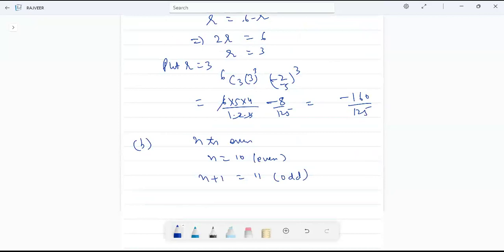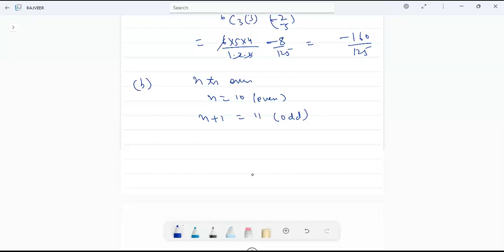We have already discussed that the expansion with n terms will have n plus 1 terms, because it starts with 0. So what will be the middle term? The middle term will be 11 plus 1 over 2, that is 12 over 2, so the sixth term will be the middle term.